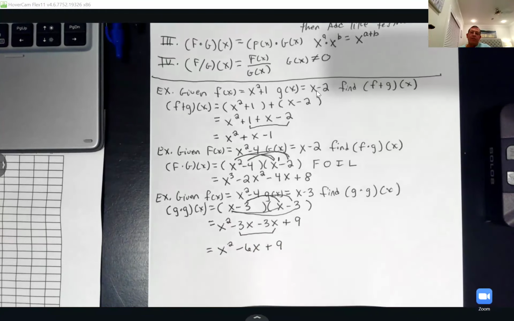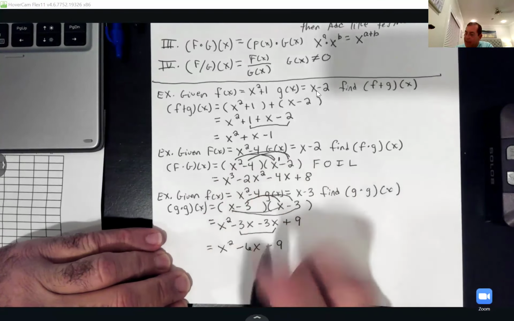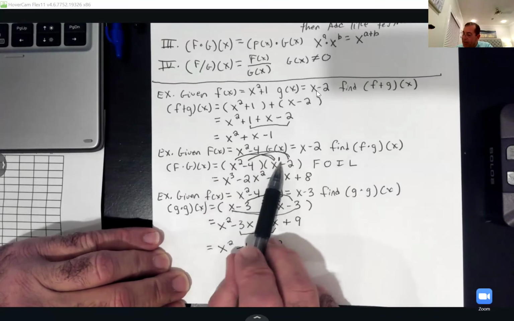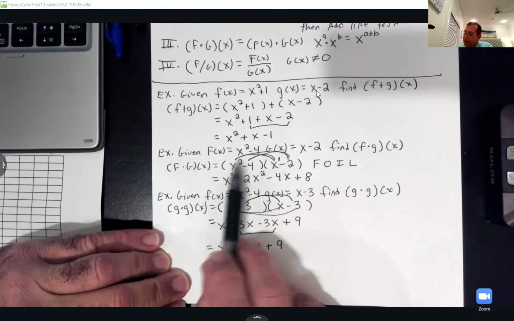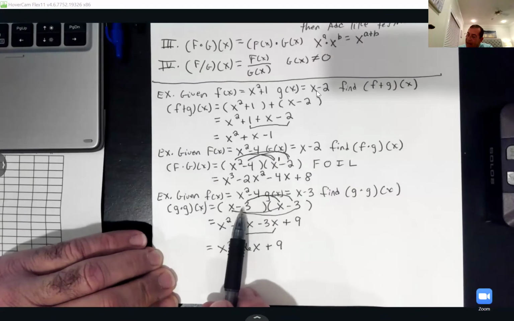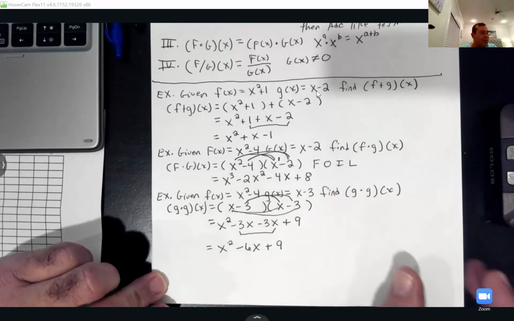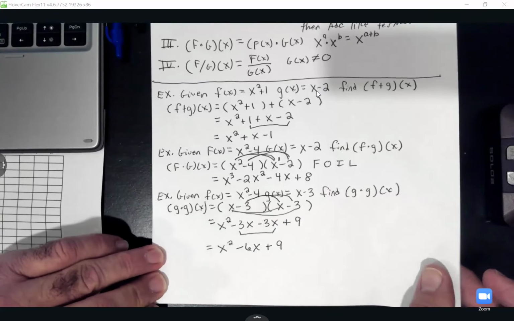Okay? So the biggest thing on multiplying is just keeping up with signs. Am I multiplying a positive times a positive or a positive times a negative, okay? And down here, I even had negatives times negatives. So watch out for them signs on them.